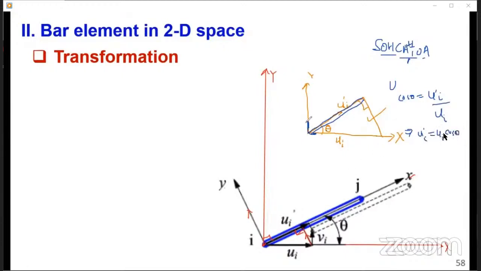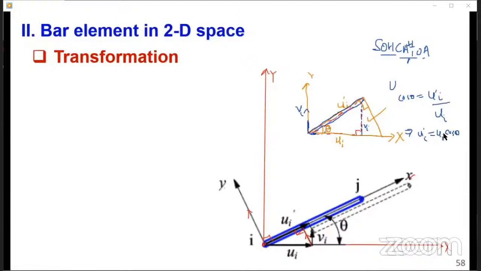So in a similar manner, remember we have a component, vi without a line, which of course is here. We have vi here. Now, when you look at this triangle, hope I'm not losing somebody, you have formed another right angle triangle here. And now the right angle is here.